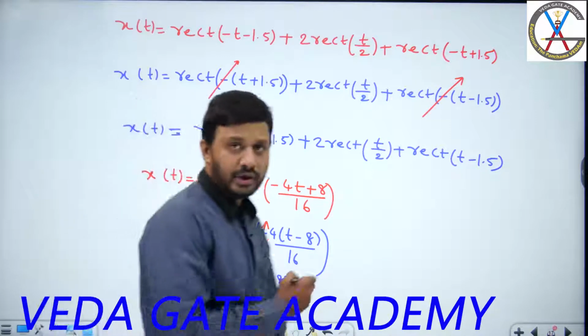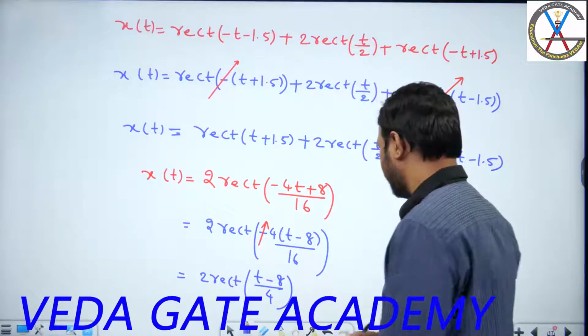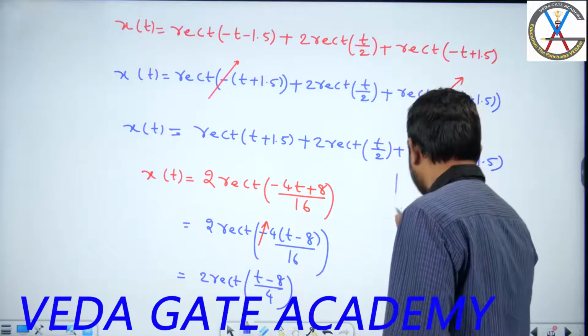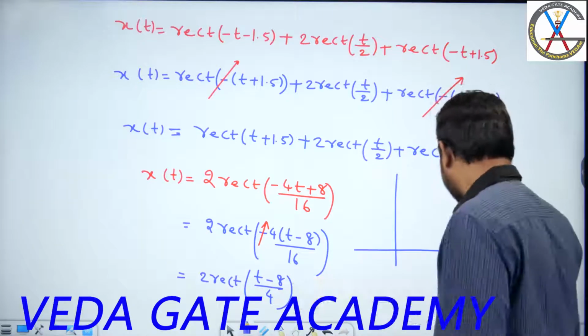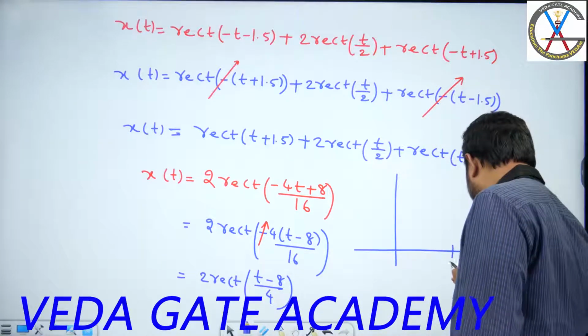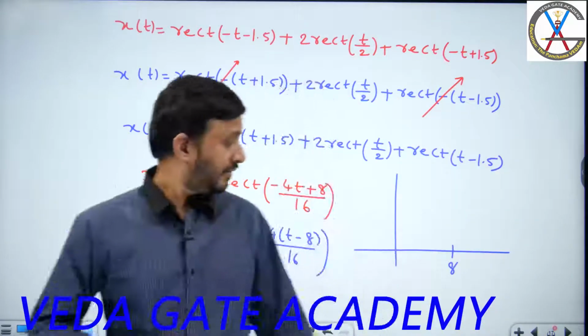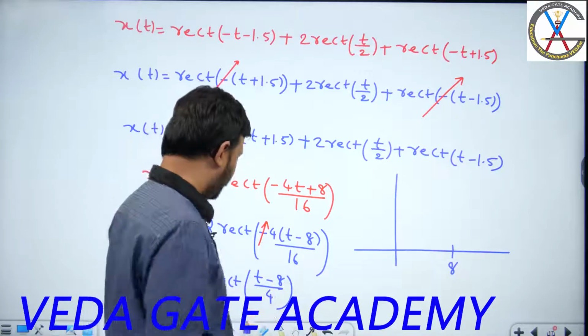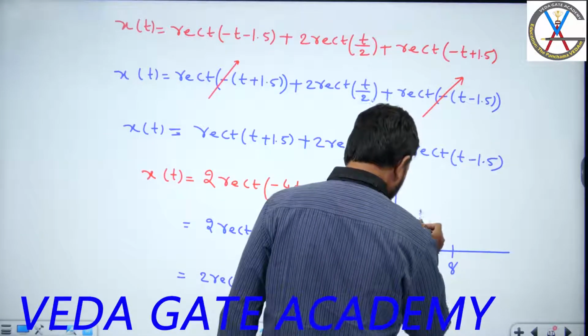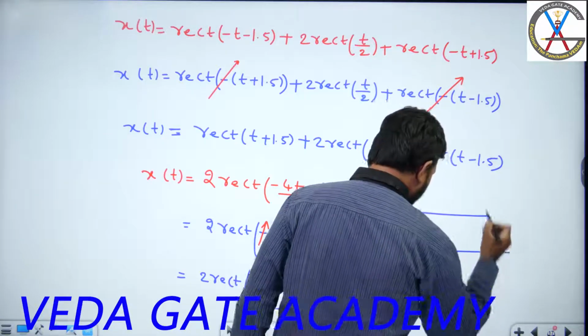So how are you going to draw this one? Rect means rectangular pulse. Here the center is 8. Centered around 8, the overall pulse width is 4.